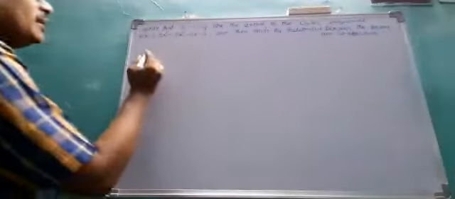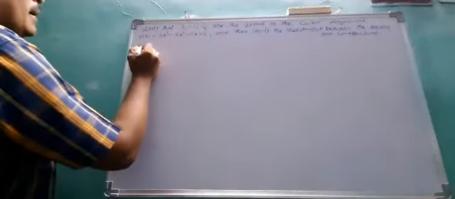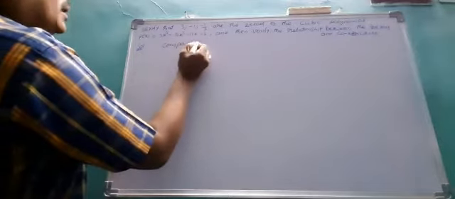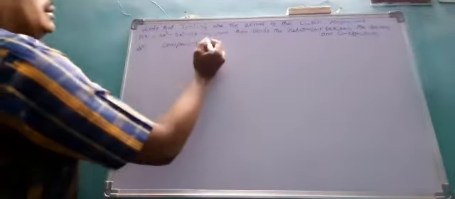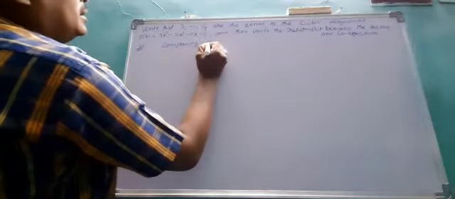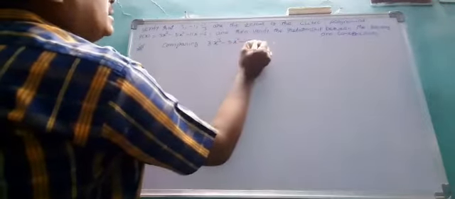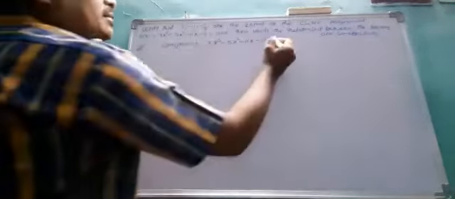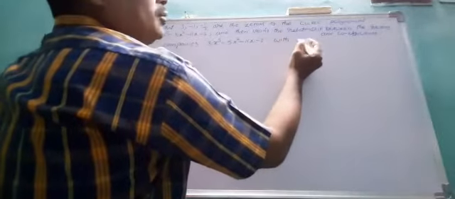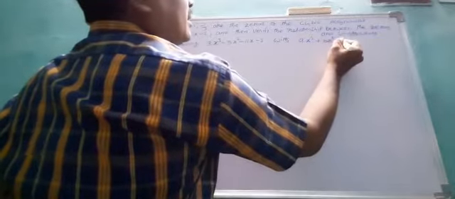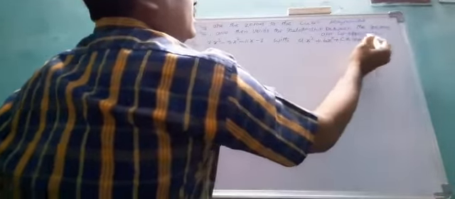First one, verification. Okay, solution. Comparing the given polynomial 3x cube minus 5x square minus 11x minus 3 with the general form of the cubic polynomial ax cube plus bx square plus cx plus d.